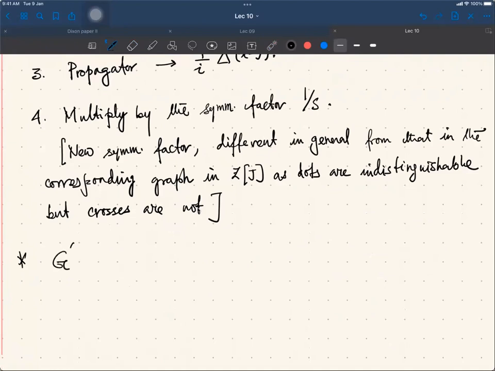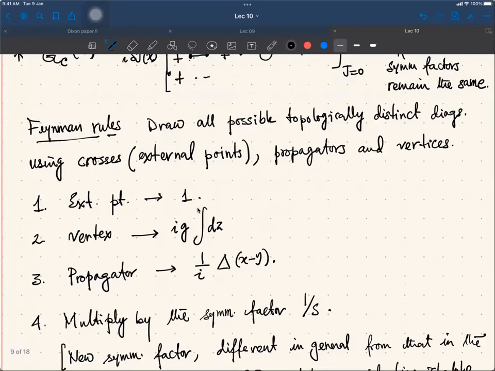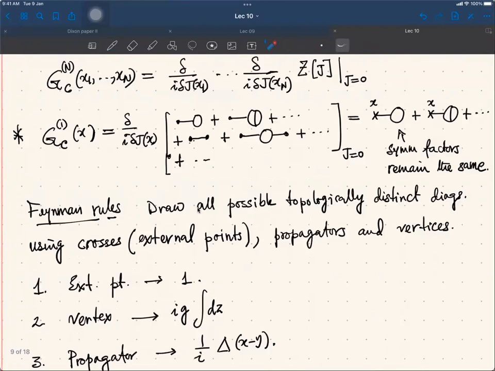The connected 2-point function x1, x2 will be given by, just like this, the connected j square terms, because it has 2 derivatives, and therefore cubic and higher order terms will be 0, because after the derivative some residual j factors will remain, and after setting j equal to 0, those terms will drop.